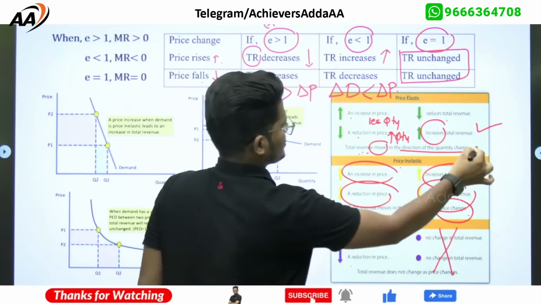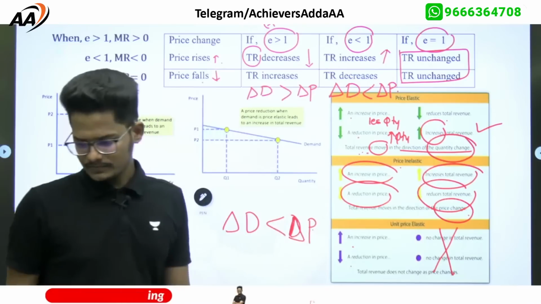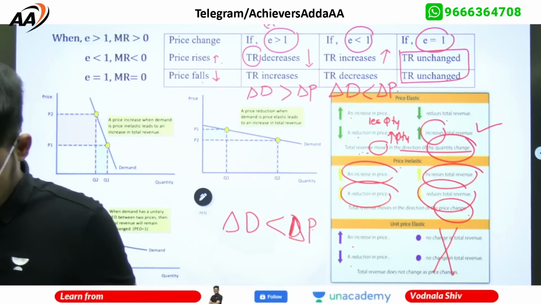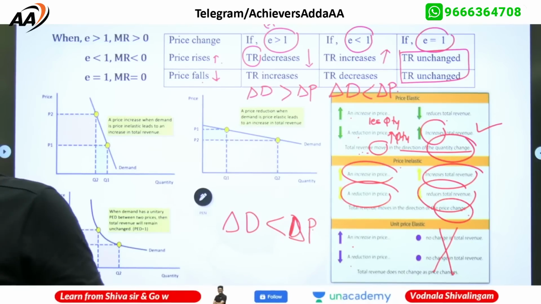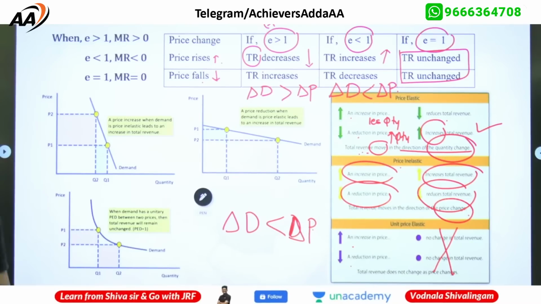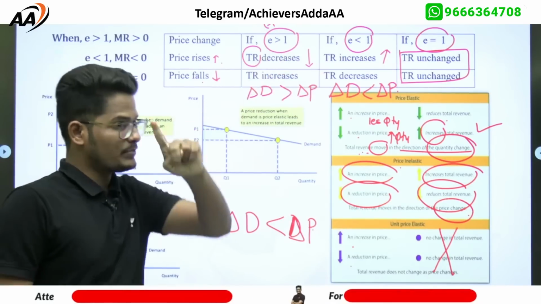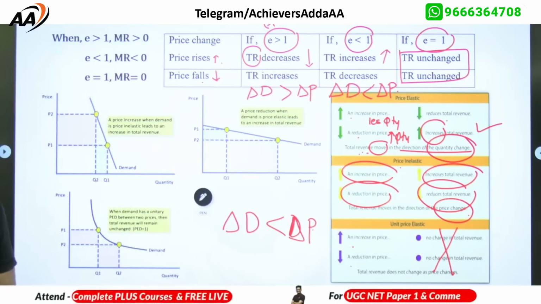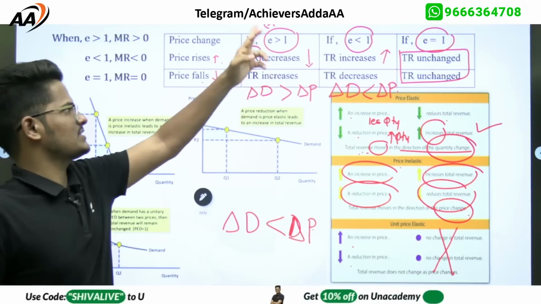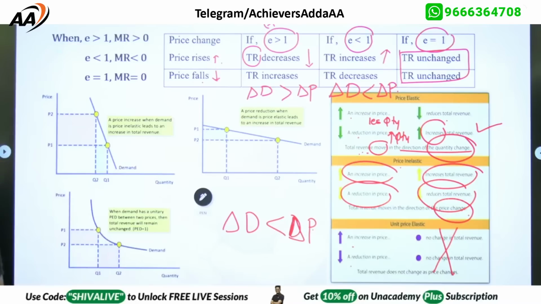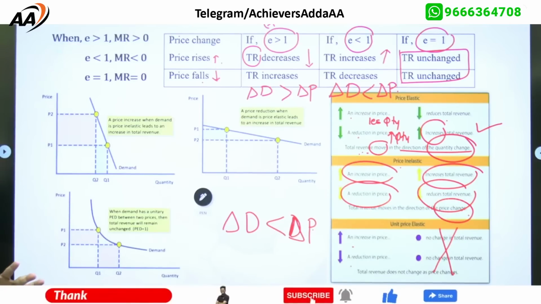In the other case, the total revenue direction is due to the quantity change, in the more than one situation. In the less than one situation, the revenue is changing due to the price change only, while here revenue is changing due to quantity change. Clear? Am I clear?